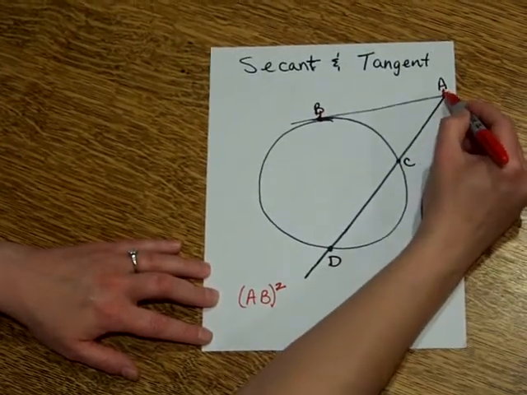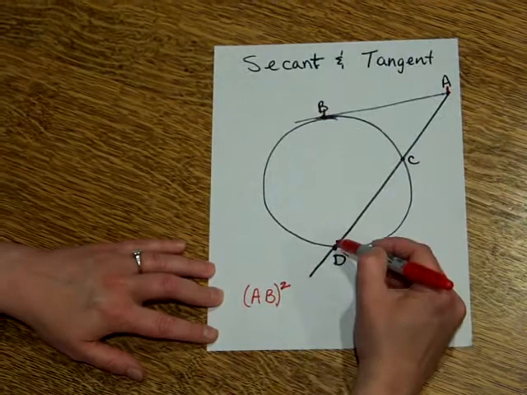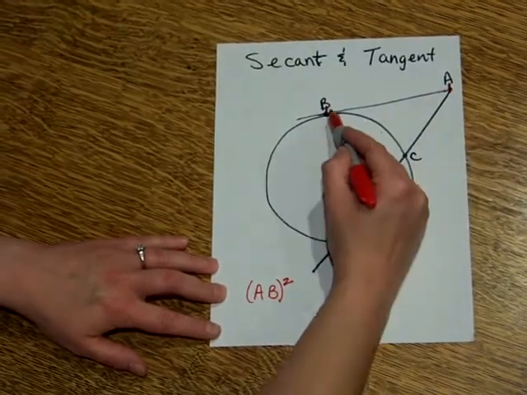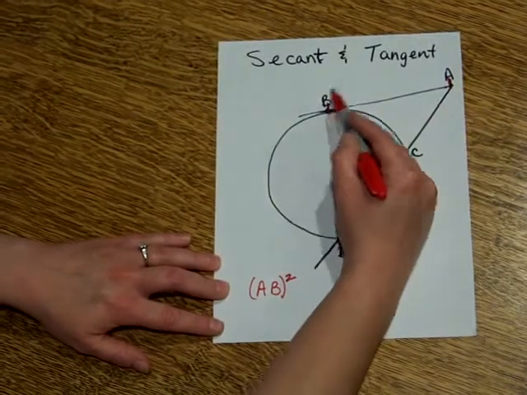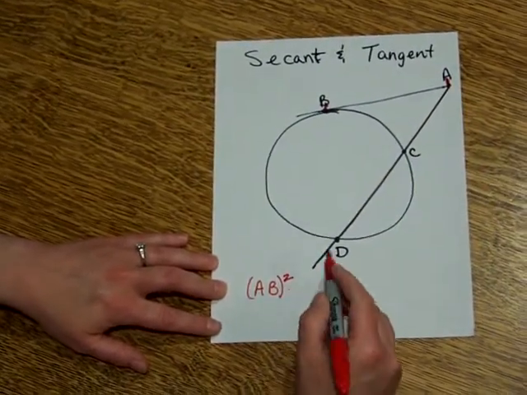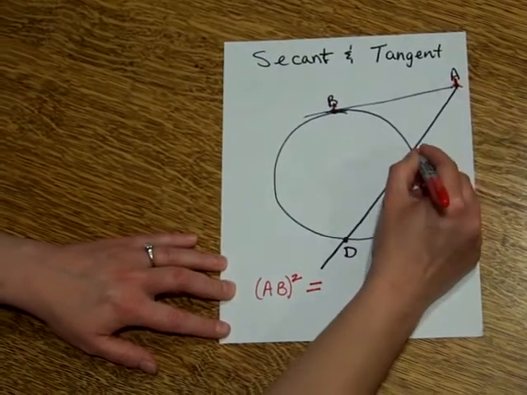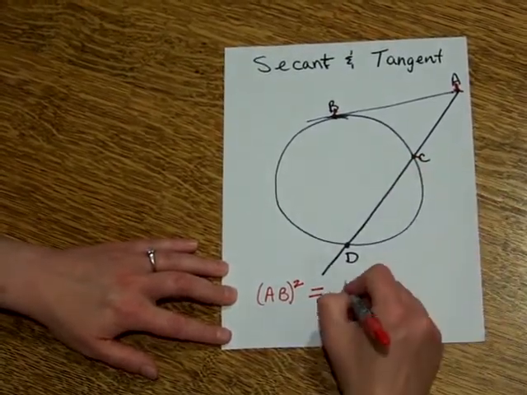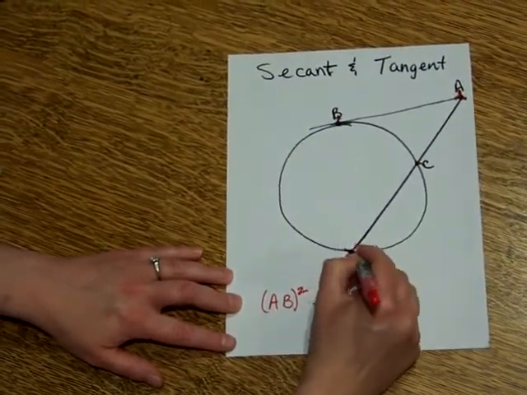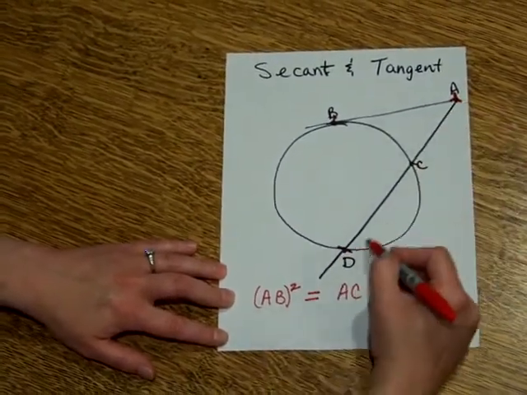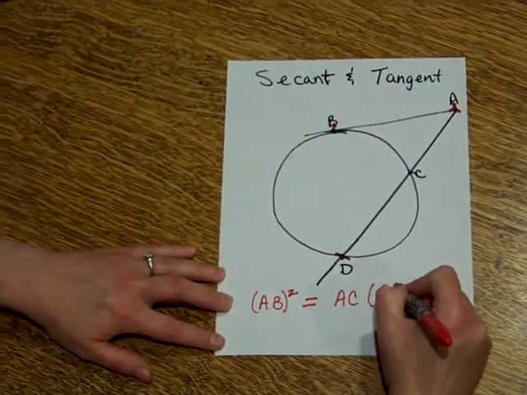Again, we have a tangent and a secant intersecting at a common point outside of the circle. Since we don't have two endpoints, we're going from this point to here. It's going to be AB squared equals, just like we did before, AC, the external segment, times AD, the whole segment from the external point to the second point of intersection.